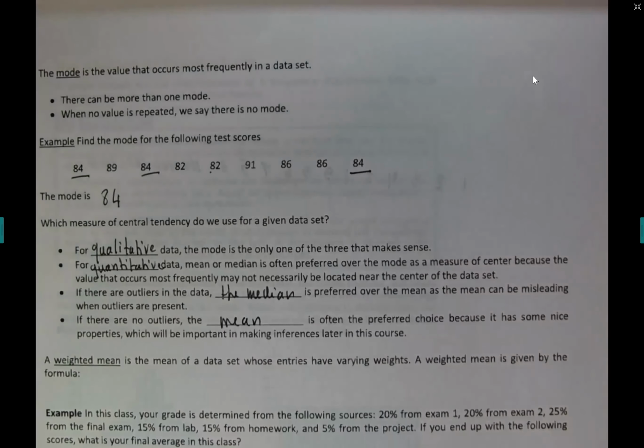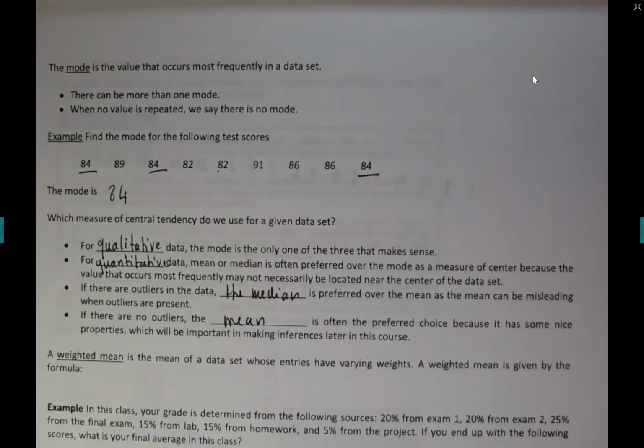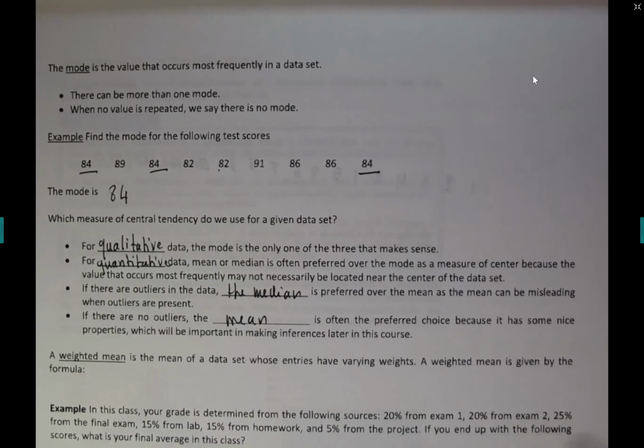The mean is often the preferred choice because it has some nice properties which will be important in making inferences later in the course. Actually, your course is all about the mean. So the mean is very, very important to us, but not when we have outliers.